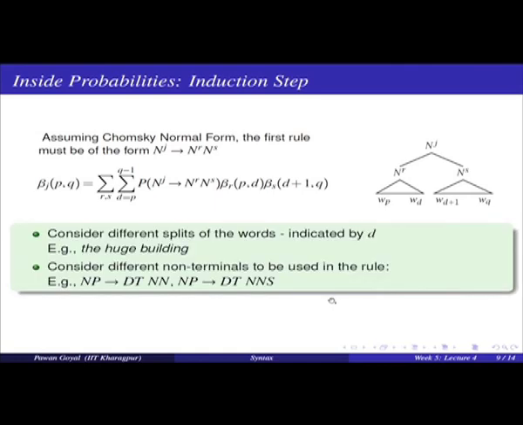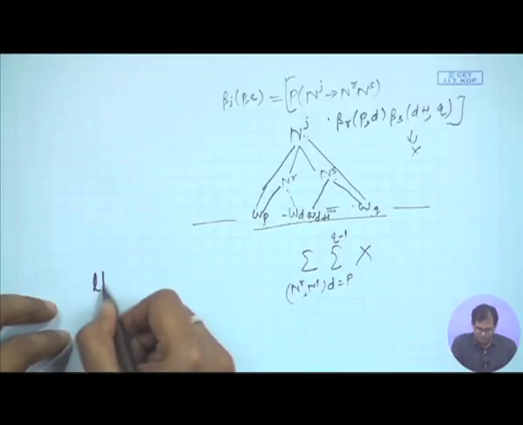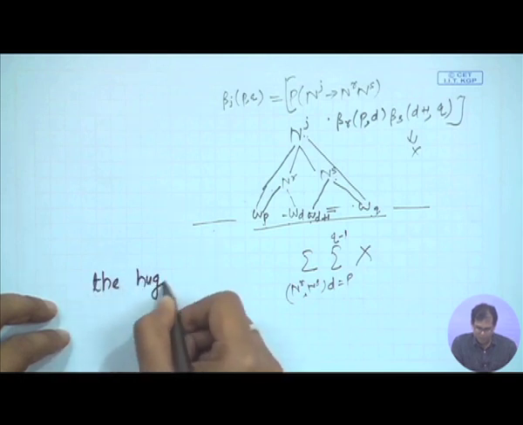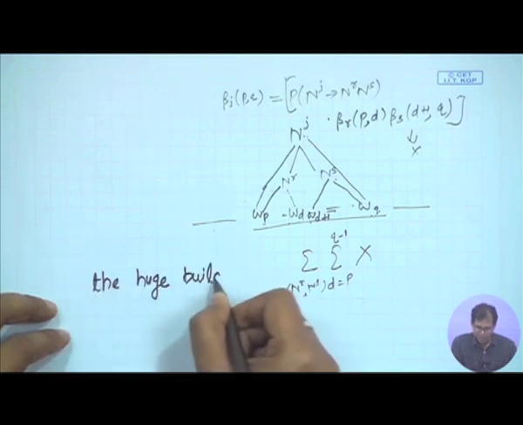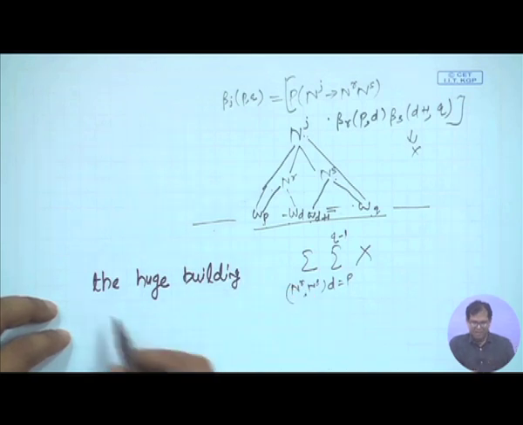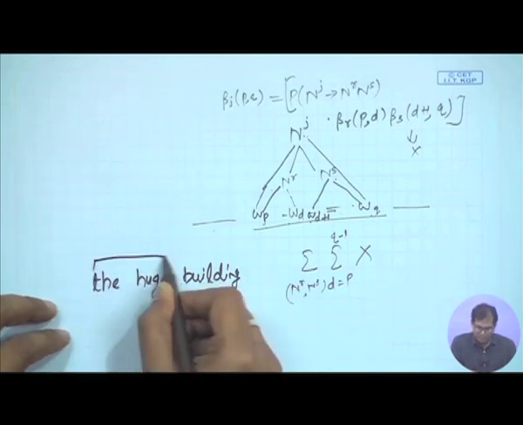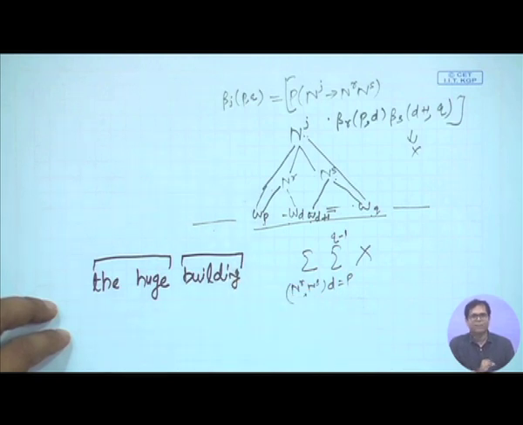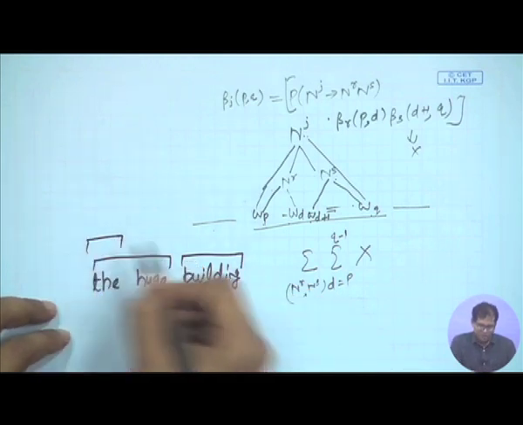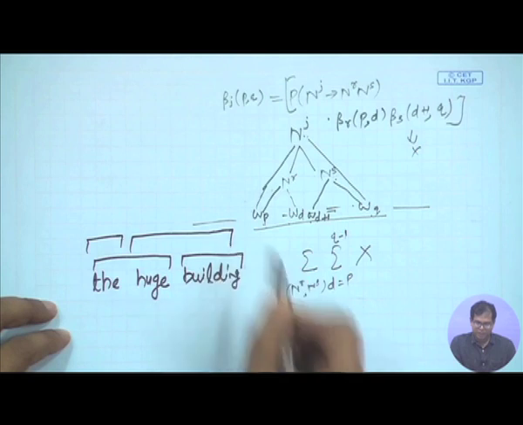Now, what do I mean by parameterization over all possible R, S and all possible d? If you take the case of this simple phrase, the huge building, what do I mean by various d? By variation of d I mean whether I am composing it as the huge, then building, or the, then huge building. Two possible values of d.